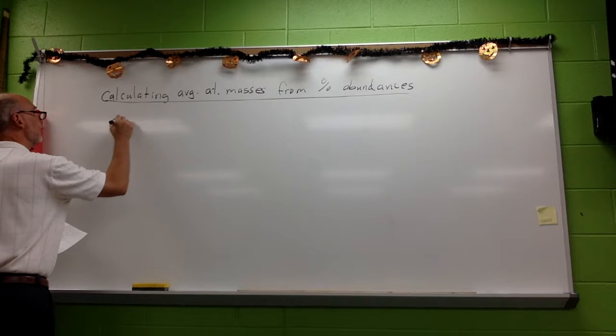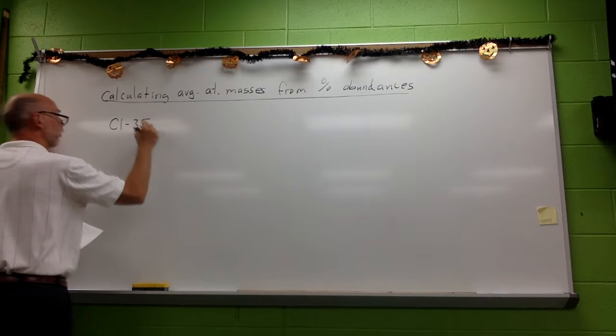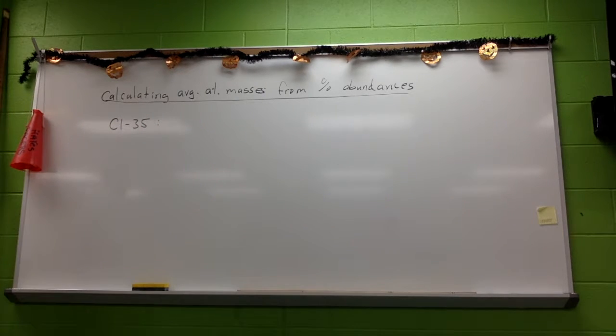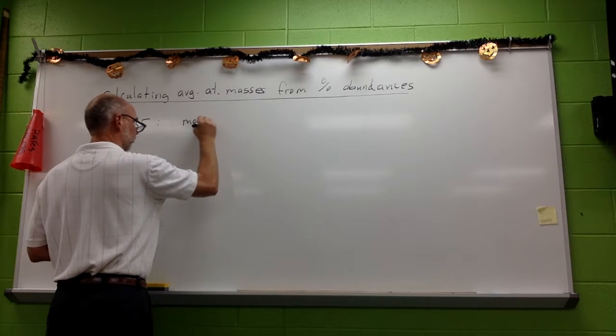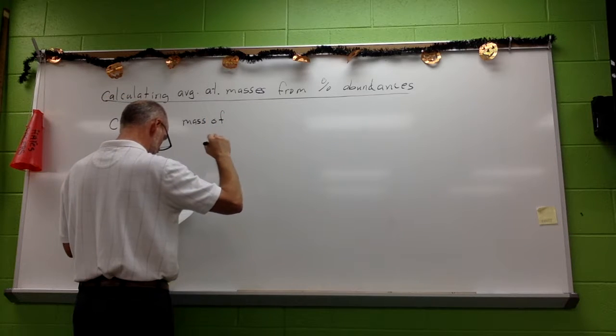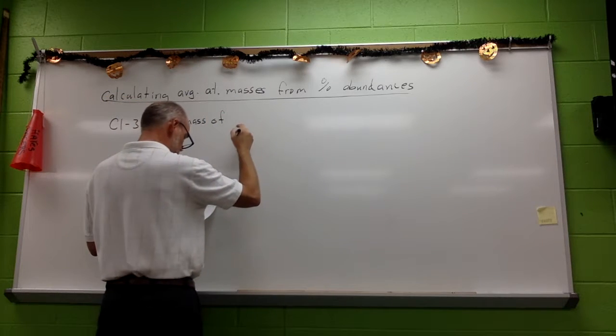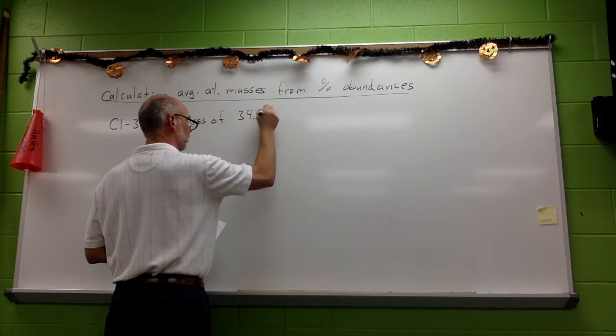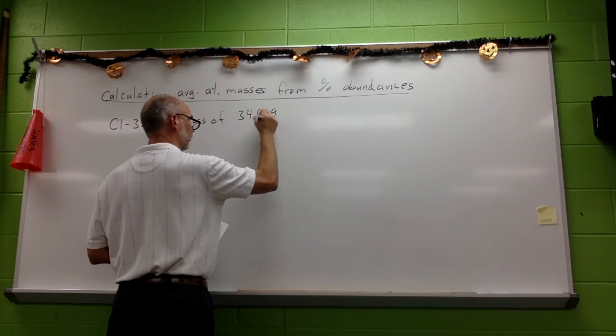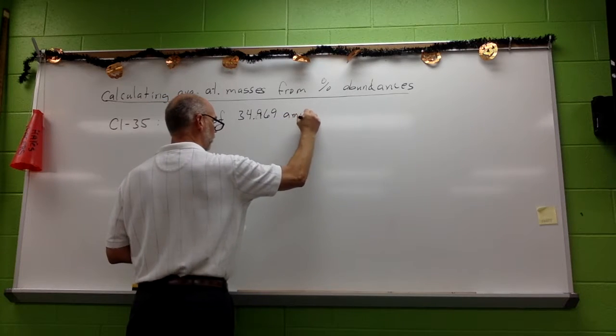As it turns out, chlorine-35, the species of chlorine that has 17 protons and 18 neutrons, has a mass of 34.969 AMU.